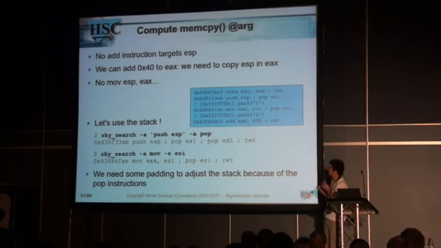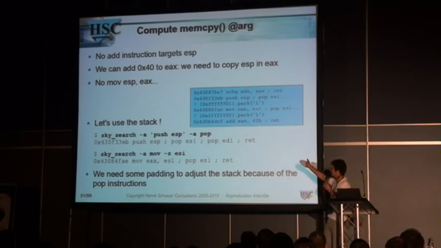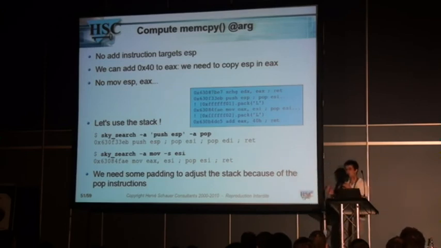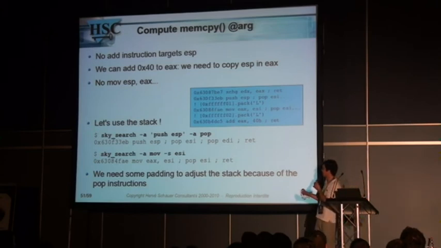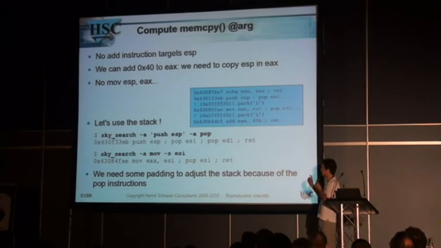If we search for instructions combining push and pop, we will find this one, which performs push ESP, pop ESI. What does it do? It just transfers the content of ESP into ESI. Then, if we look for a specific mov instruction, we will find an instruction which moves ESI into EAX. So in this way, we now have ESP in EAX.